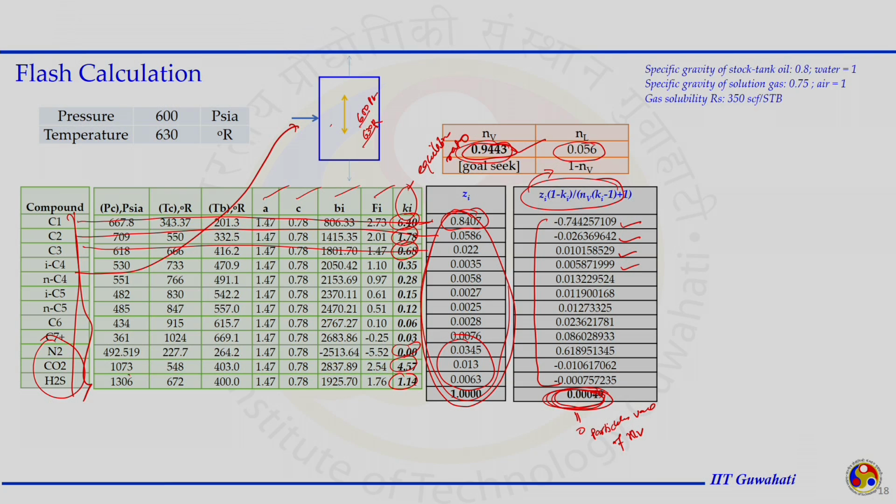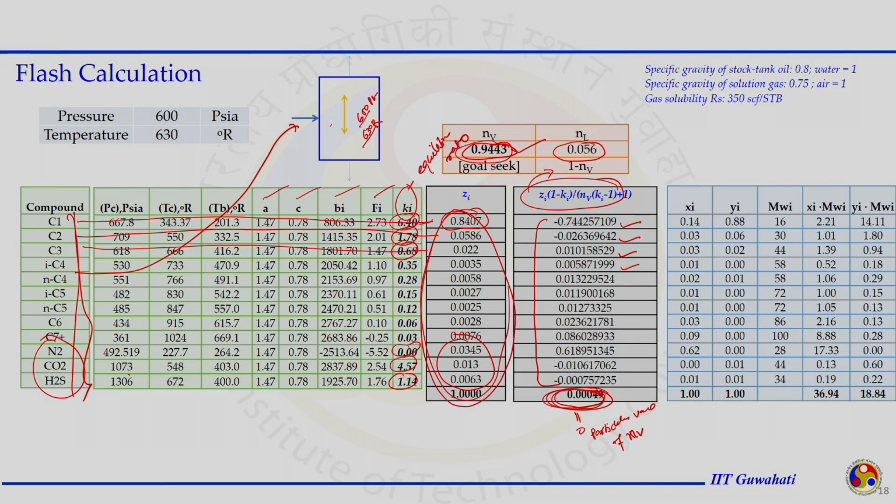Once we know Nv and Nl, knowing the Zi, we can calculate Xi and Yi. We got the Xi value and the Yi value. We know the molecular weight of each compound present in the feed. They are going to be either in the liquid phase or in the vapor phase. We can calculate the apparent molecular weight of the liquid mixture and the apparent molecular weight of the vapor mixture.